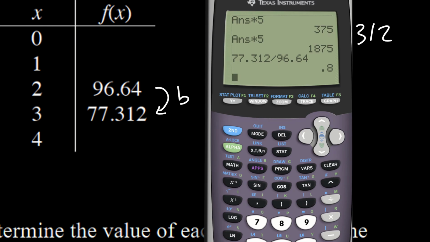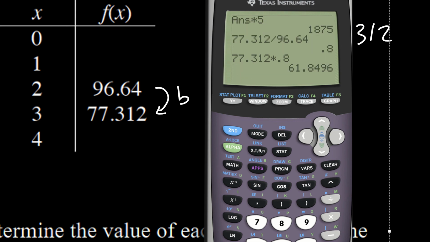So let me go ahead and go forward one more time, right? 77.312 times 0.8 gives me this number. I'll write this in green, it gives me 61.8496.